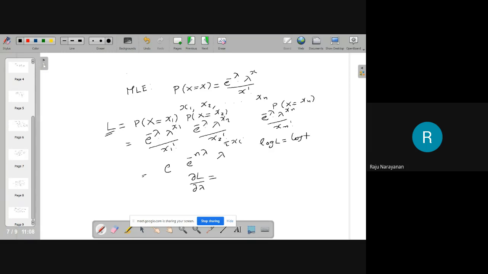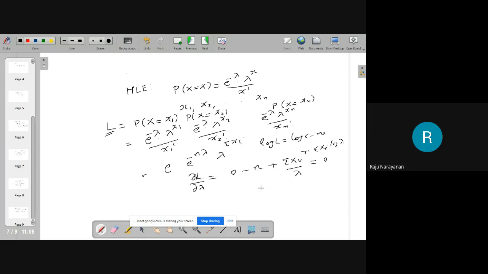Therefore, log c minus n lambda plus sigma xi log lambda. Therefore, d log L by d lambda is, derivative of the constant log c being 0, minus n plus sigma xi by lambda.